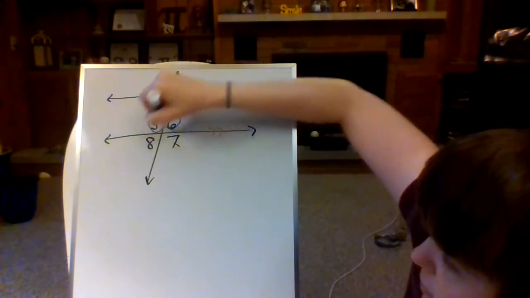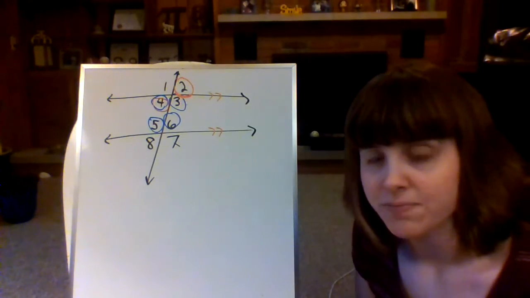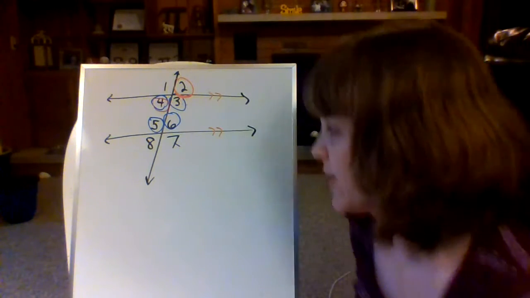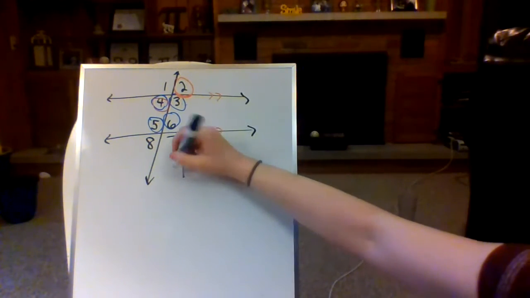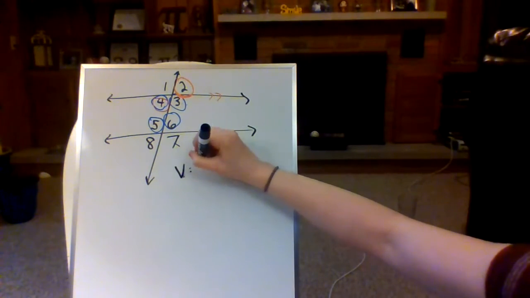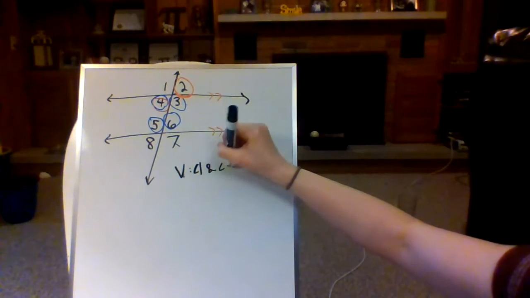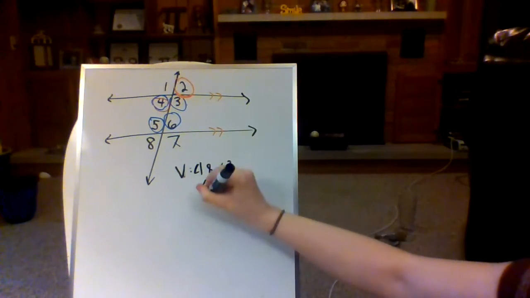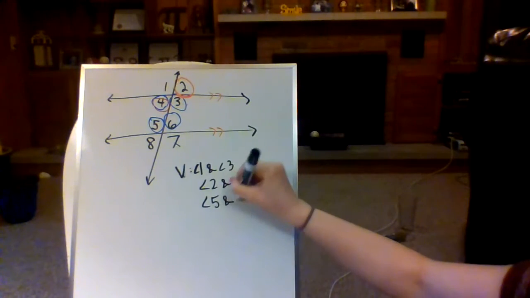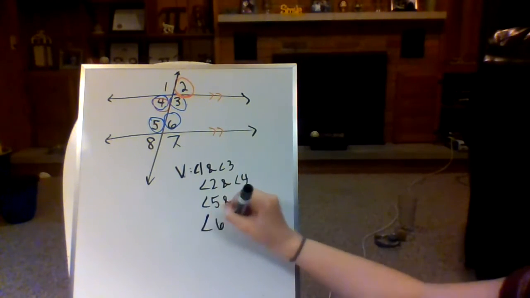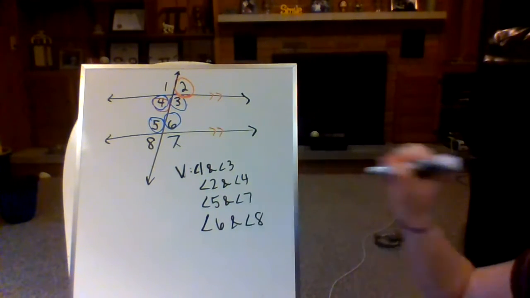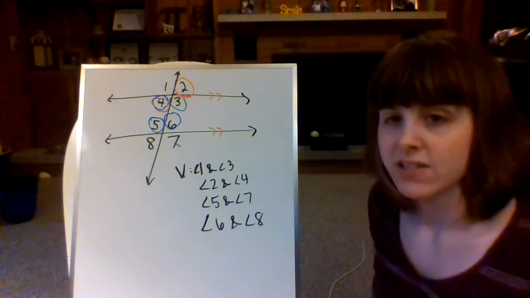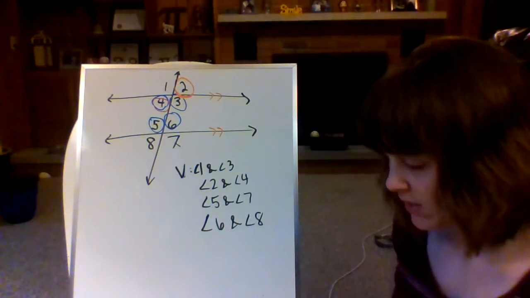And 6 and 8 are vertical angles, and they're equal. I'll write that just so you have it. Vertical, angle 1 and angle 3, angle 2 and angle 4, angle 5 and angle 7, angle 6 and angle 8. So those are all the vertical angles.